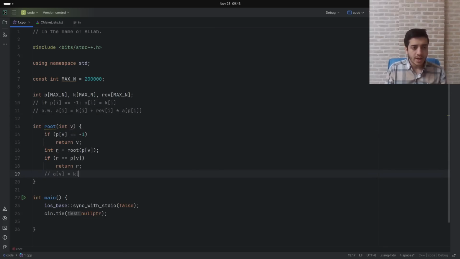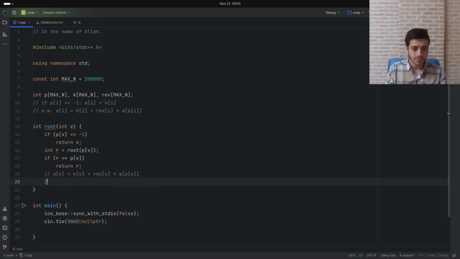So I know that A of V is K of V plus rev V times A of parent of V. And also I know that A of parent of V is going to be like this, right?